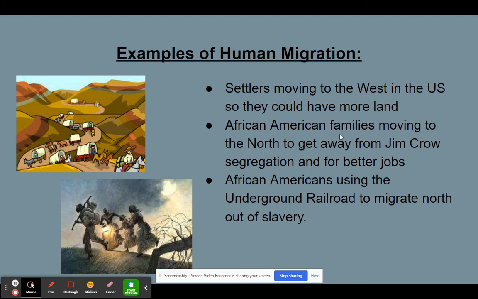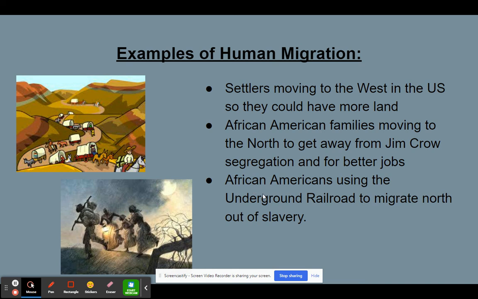Another example, African American families who moved to the north so that they could leave behind Jim Crow laws and segregation and find better jobs here in the north. This would have happened after the time of slavery, and this is actually how many African American families live in Michigan and Muskegon, where we live now. This is part of something called the Great Migration, and people chose to move north.